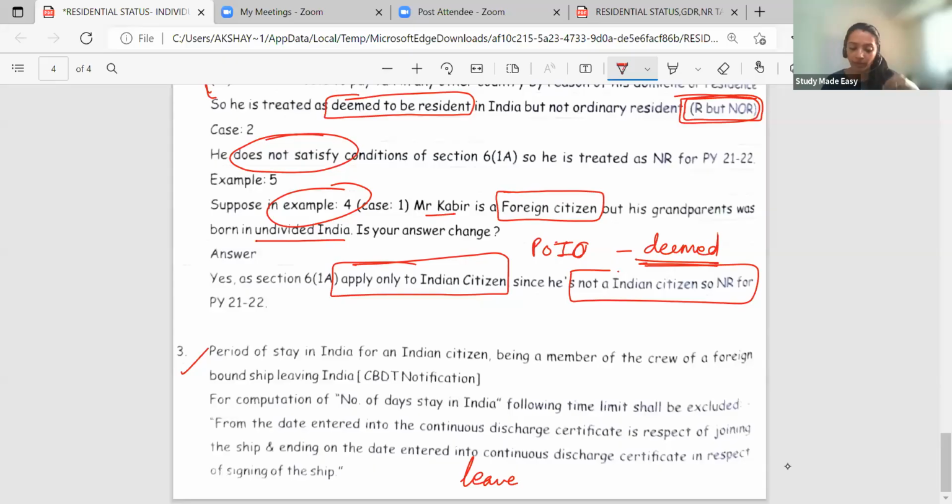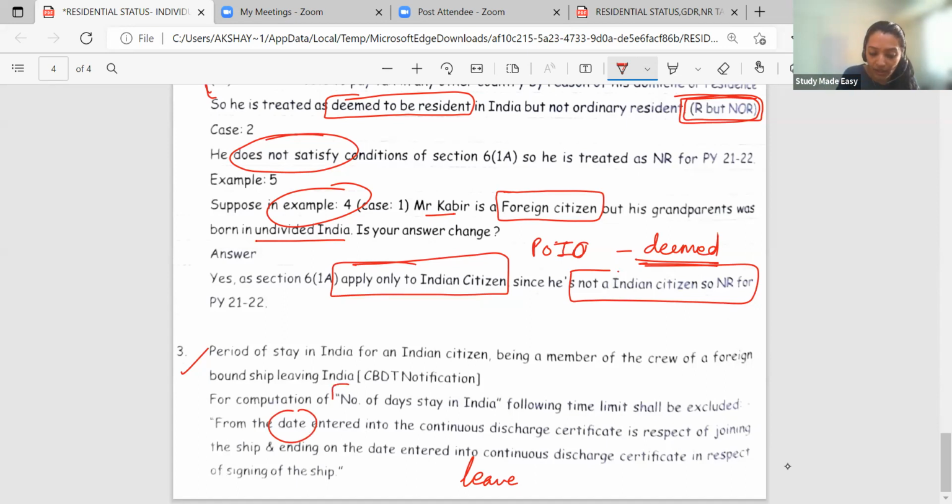So would you count that time? They are saying that when an Indian citizen as a crew member of an Indian ship leaves India, you will not consider this journey. When he is crossing India, that should not be considered.